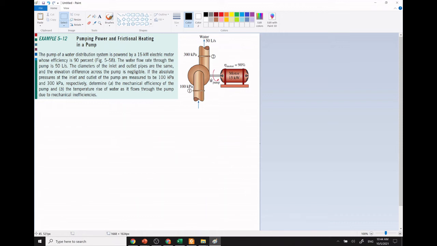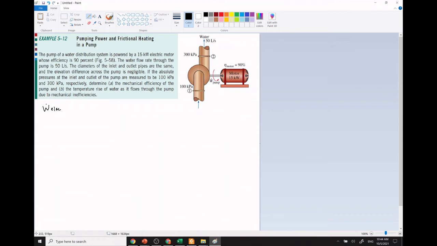So we have energy given by the electricity to power the motor.